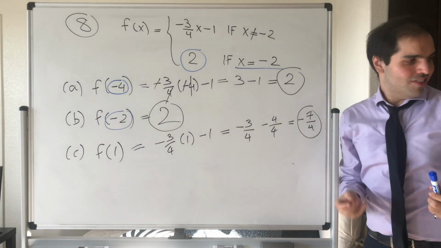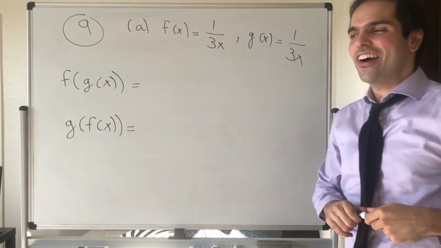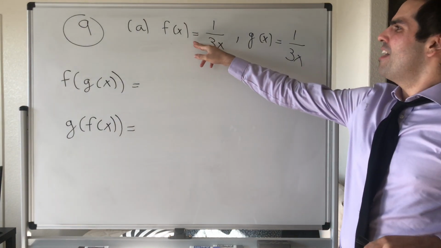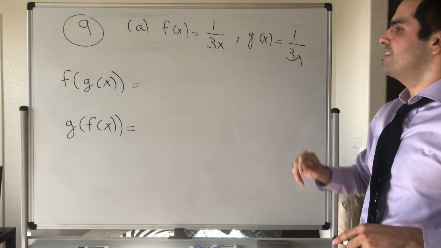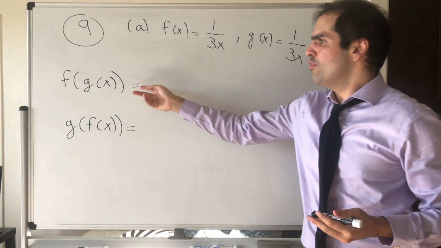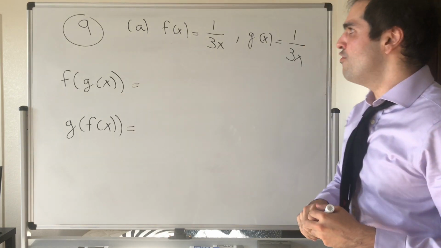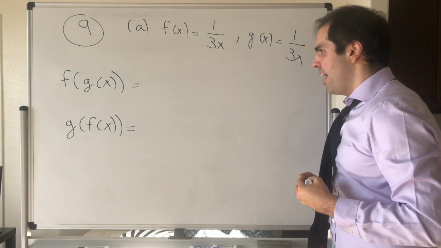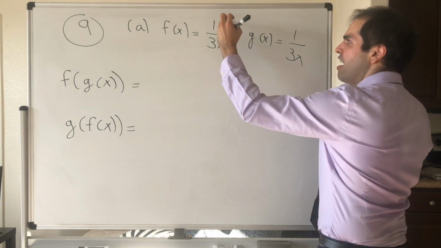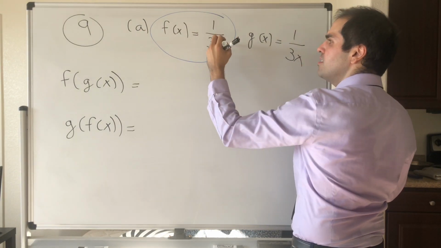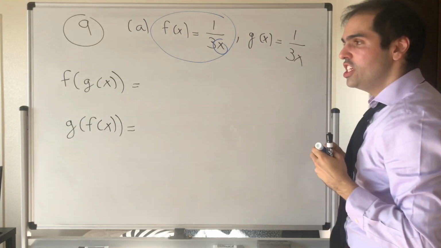All right, next question, talk inverse to me. So suppose f of x is 1 over 3x and g of x is 1 over 3x. The first question is, calculate f of g of x. And what this means is, just use the definition of f of x, but instead of x, write g of x.